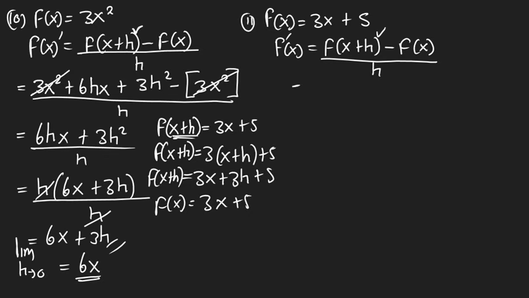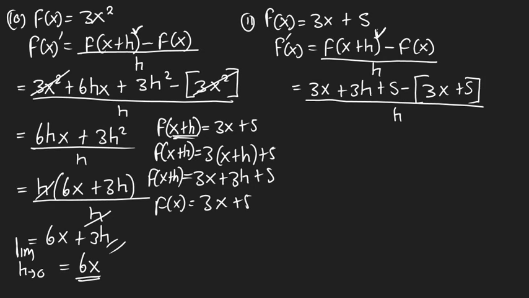So now we can replace in, where there is this part, I can replace with 3x plus 3h plus 5 minus, then I open the bracket, 3x plus 5, then over h. Then this is going to give me 3x plus 3h plus 5 minus 3x minus 5, over h.